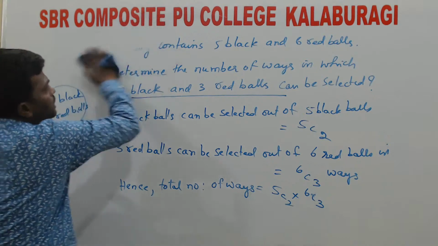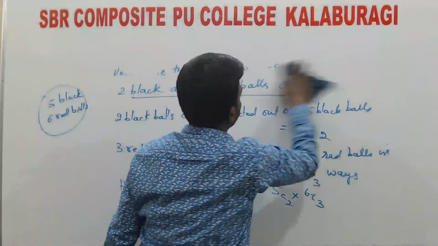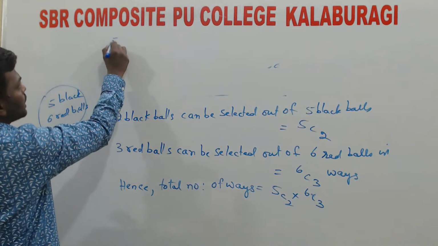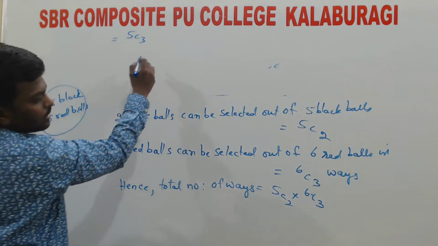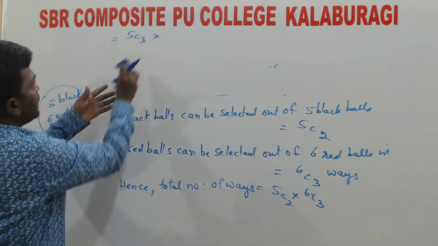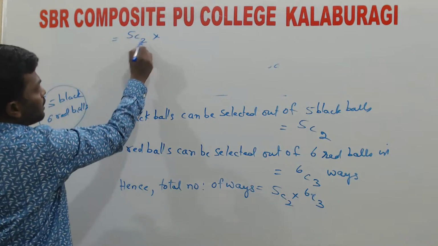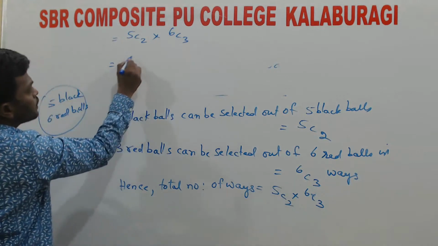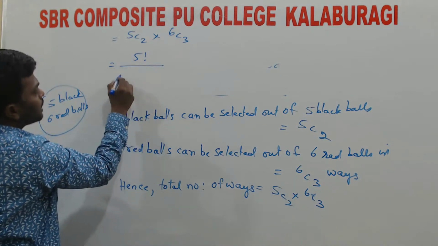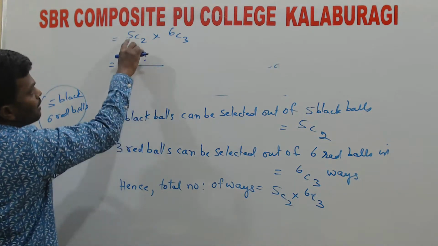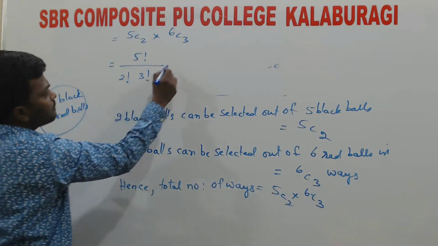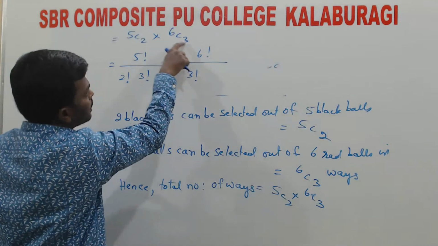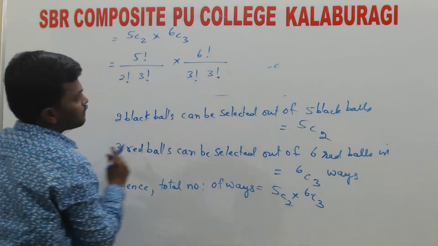Let's see what the answer will be. Let me simplify. It's 5C2 into 6C3. Use the formula: 5 factorial by 2 factorial into 5 minus 2, which is 3 factorial, into 6 factorial by 3 factorial into 6 minus 3, 3 factorial.